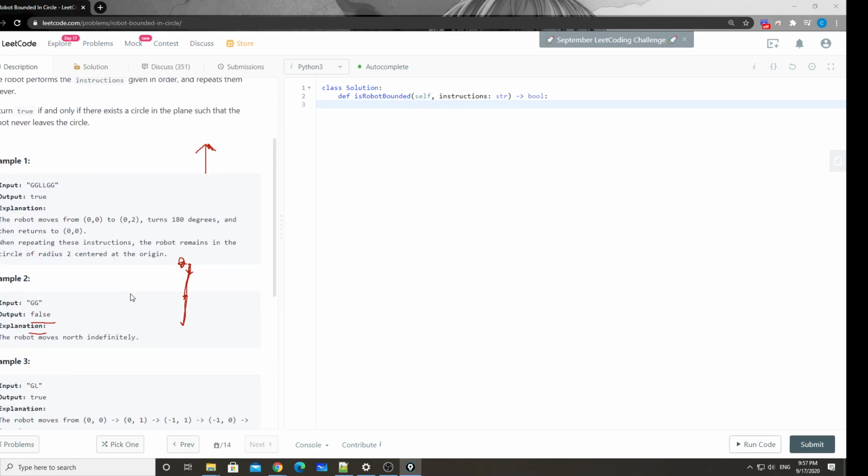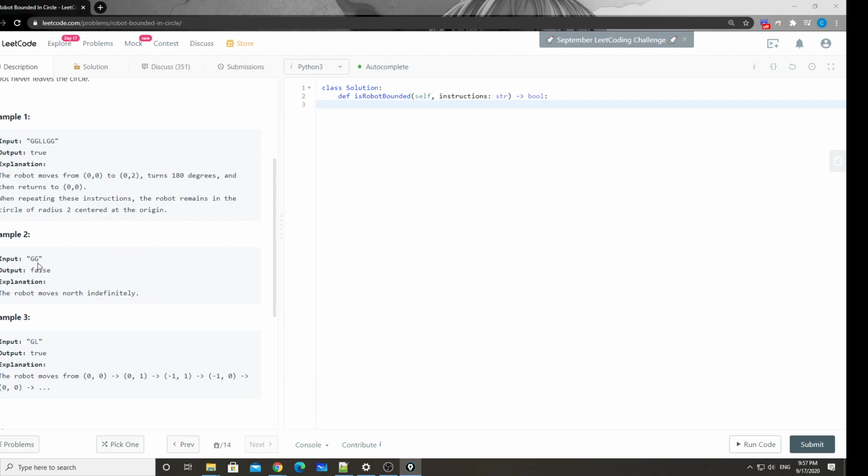Another example is this one, which is pretty obvious. Since the robot can only go up and up, it will keep going up indefinitely. And example three: going up and then turning left.